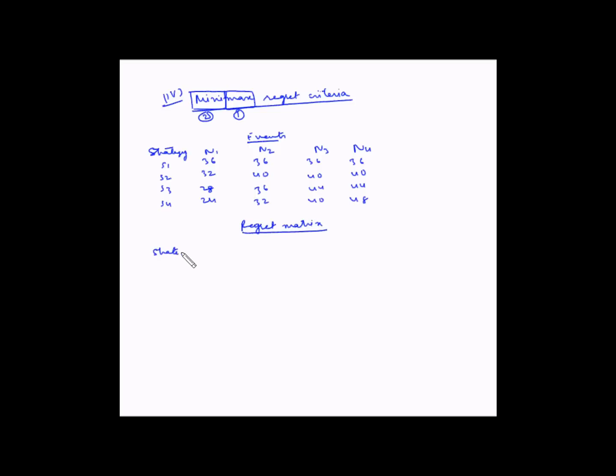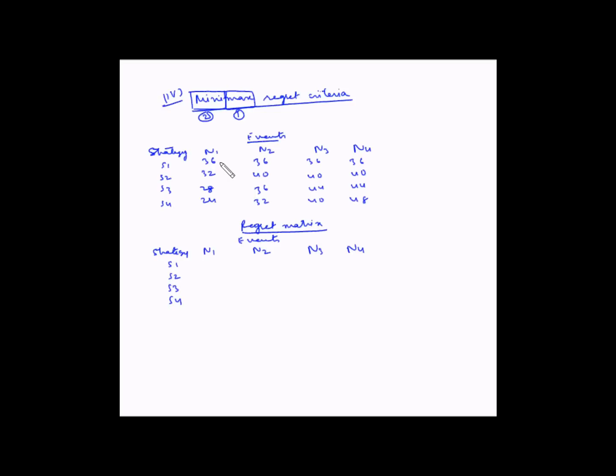So, strategy S1, S2, S3, S4, and events N1, N2, N3, and N4. So let's take the first state of nature or event, that is N1. For N1, based on all the payoffs of the strategies, the best strategy would be S1 because the payoff is maximum.